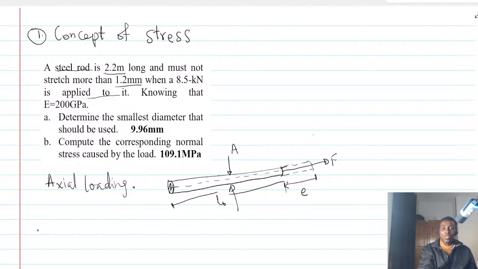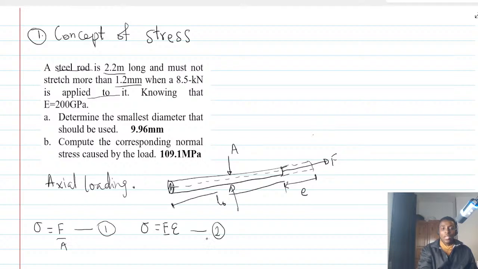The first equation you have to know is that stress is force divided by area. Let's call this equation 1. Now one thing that you also have to know is that stress is equal to the Young's modulus multiplied by the strain. Let's call this equation 2.